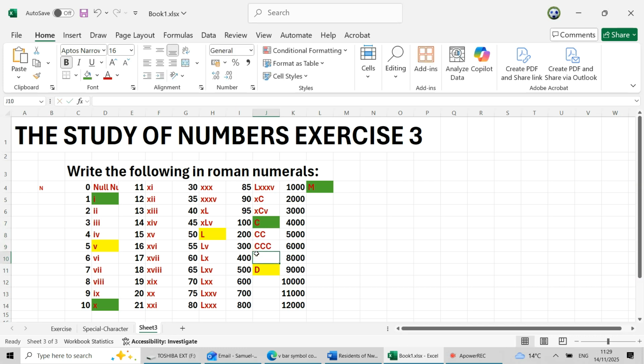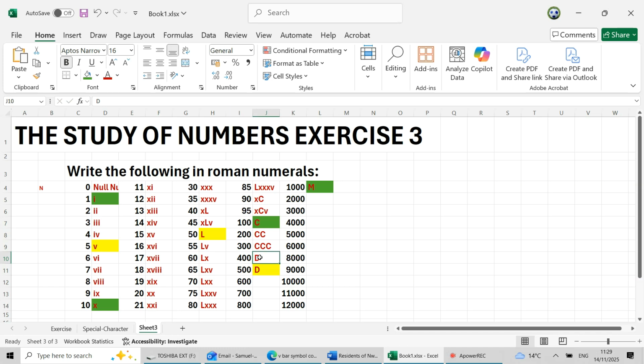Now 400, we cannot repeat any number in Roman numerals more than 3 times, meaning that we have to borrow 400 from 500. Then 400 will go to 500 and say, come on, 500, I need to make myself 400. But you know what? 100 cannot be repeated more than 3 times. What do I do? 500 will say, I'm going to give you myself as D, but you need to do something with me in order to get you.